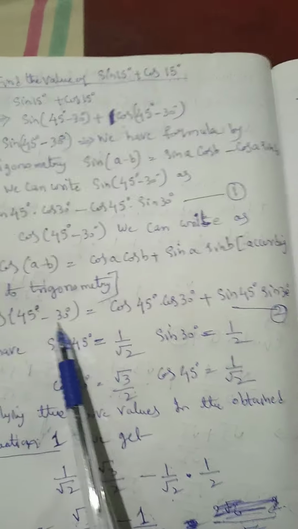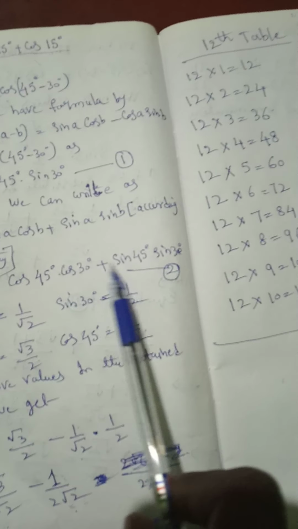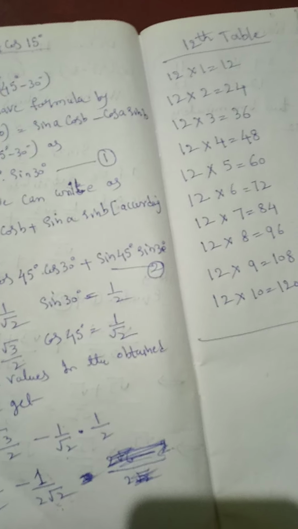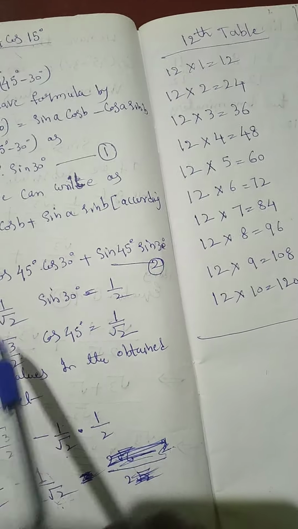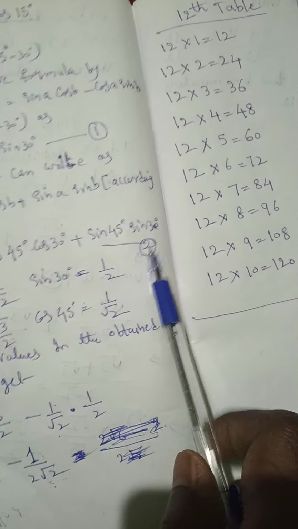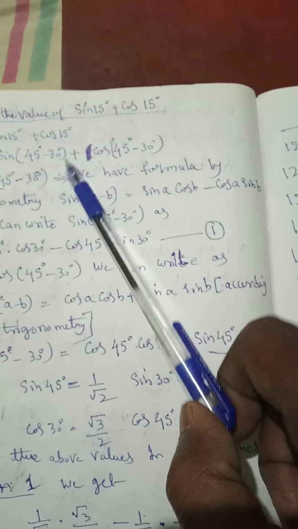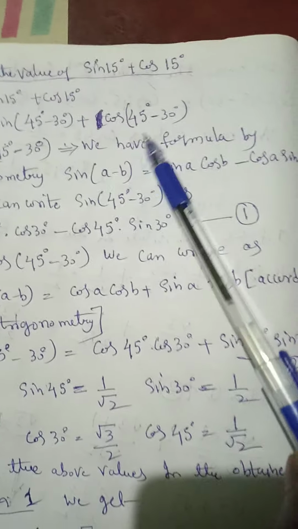Cos of 45 minus 30 is cos 45 cos 30 plus sin 45 sin 30. This is the second equation. We have already solved the first equation, so we have to solve this second equation, because in the question we have sin of 45 minus 30 plus cos of 45 minus 30.